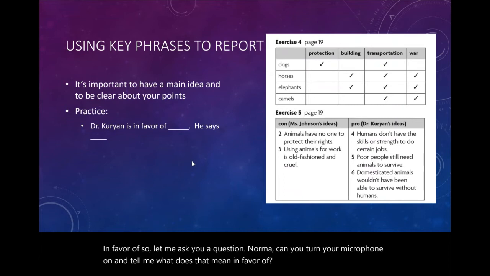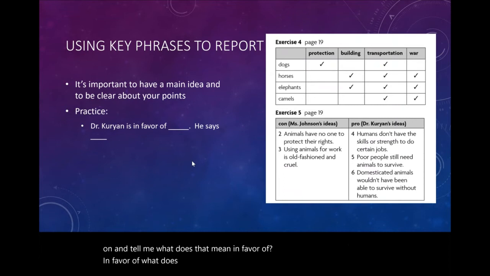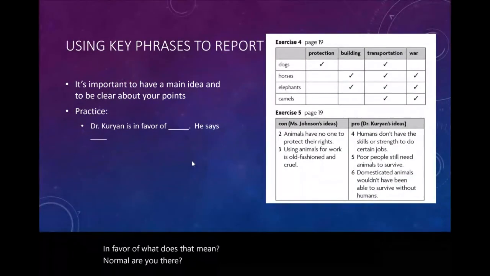In favor of, what does that mean? Okay, what does it mean if I say in favor of?